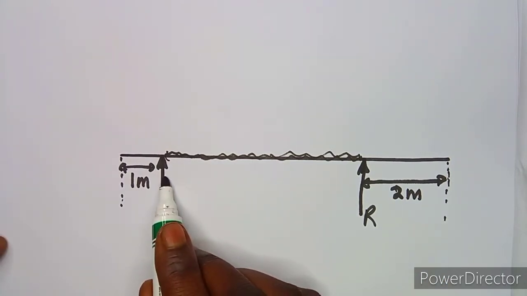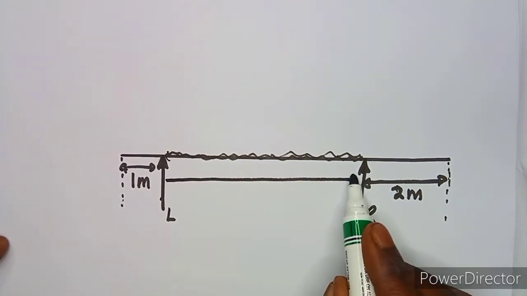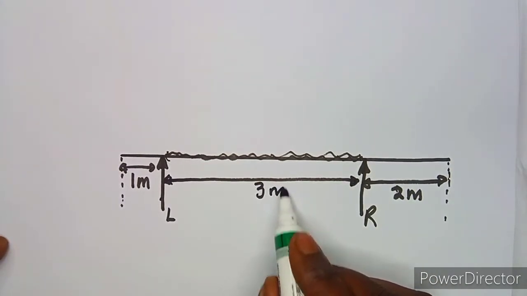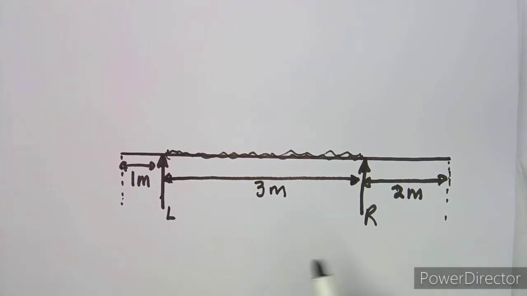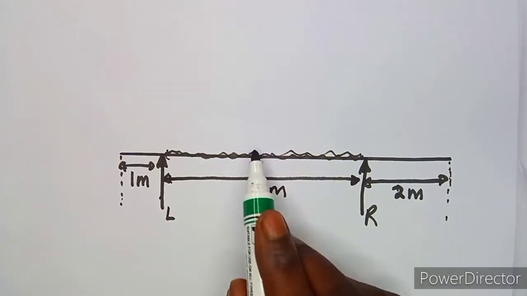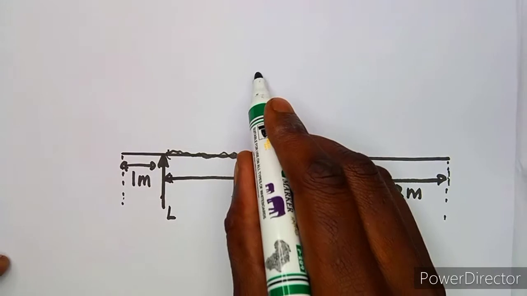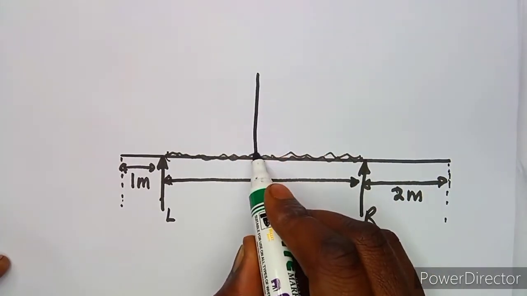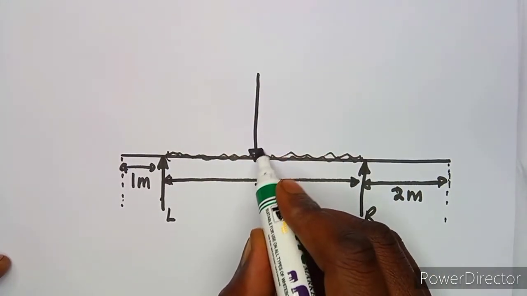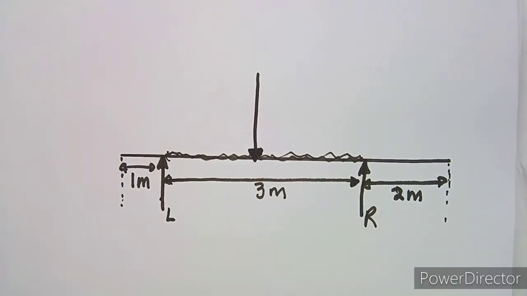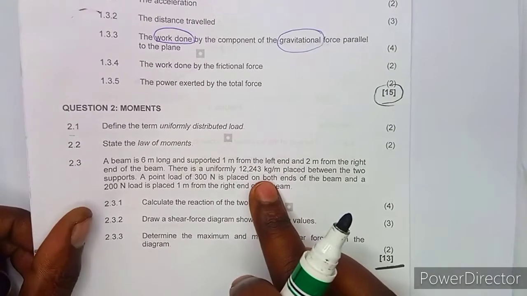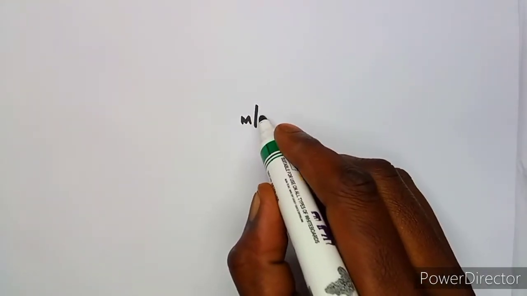So in between the two supports we have a distance of 3 meters, 6 minus 3, which is 3. And we have a distributed load which is distributed in between. So we are going to calculate the force of that distributed load. Take note, the first thing here, we are not given the force, but we are given mass in kg per meter. So we are given mass per meter.